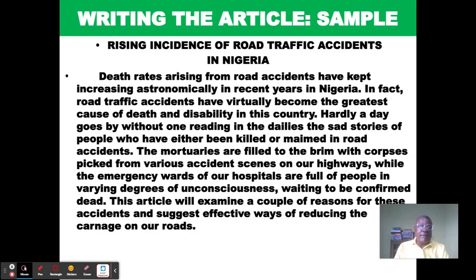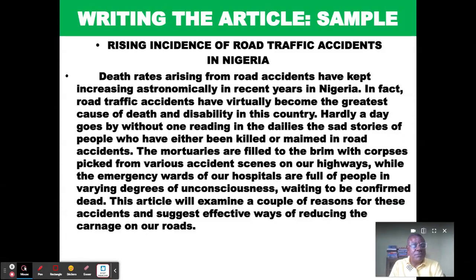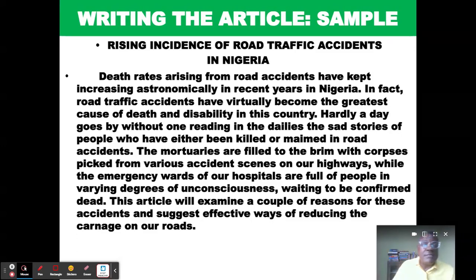Then the first paragraph, which is the introductory paragraph. This is where you show the reader the importance of this article. Why should the reader read this article in the first place? Nobody wants to waste his time on something that is meaningless. So the first paragraph is very crucial.